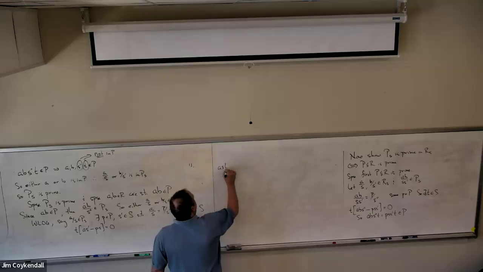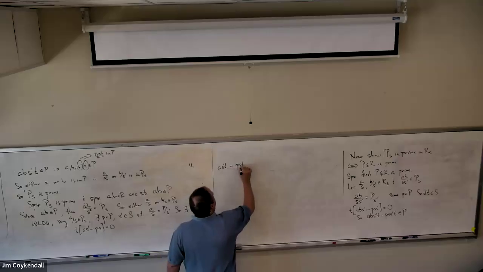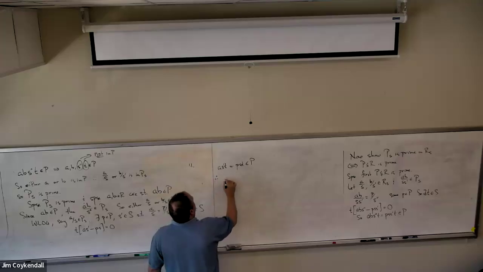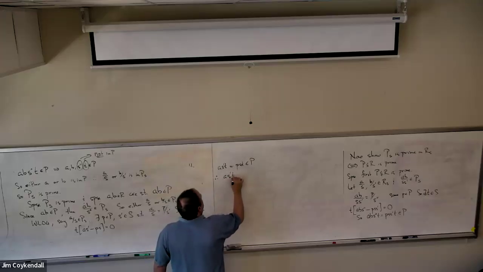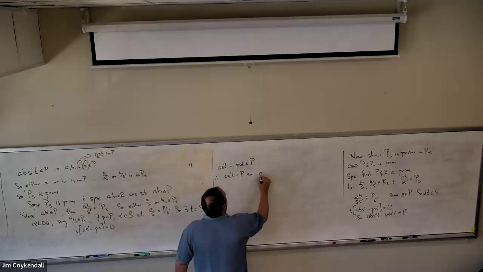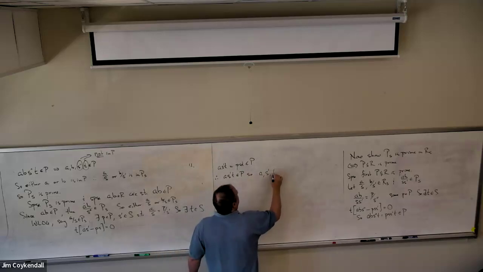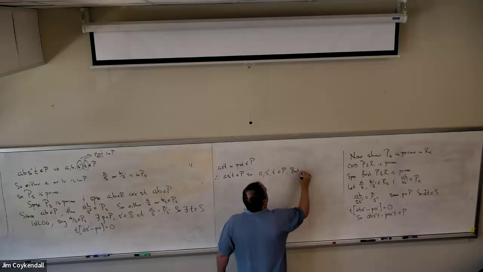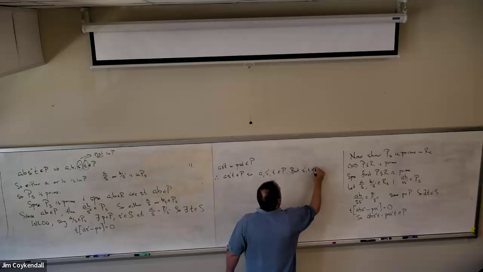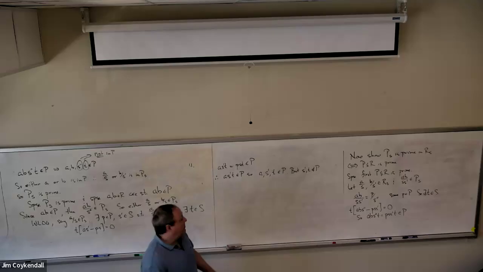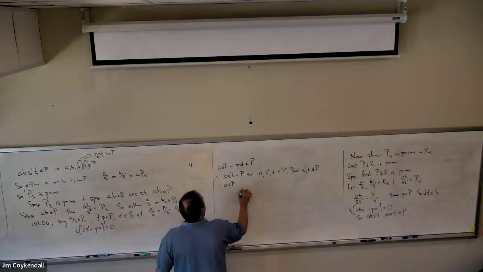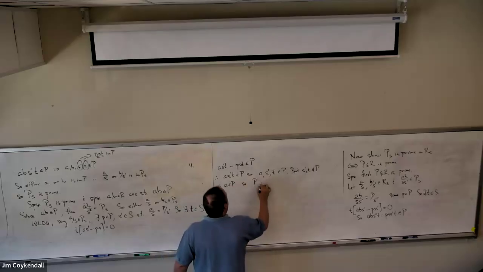I have a s prime t equals p s t, which is in P. Therefore, a s prime t is in P, so a or s prime t is in P. But s prime t is not in P, because again, the set S misses the prime P. Therefore, a is in P, so P is prime.